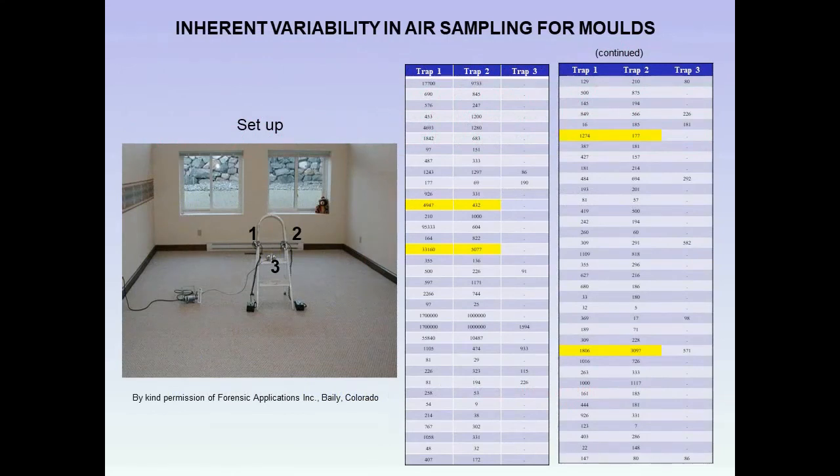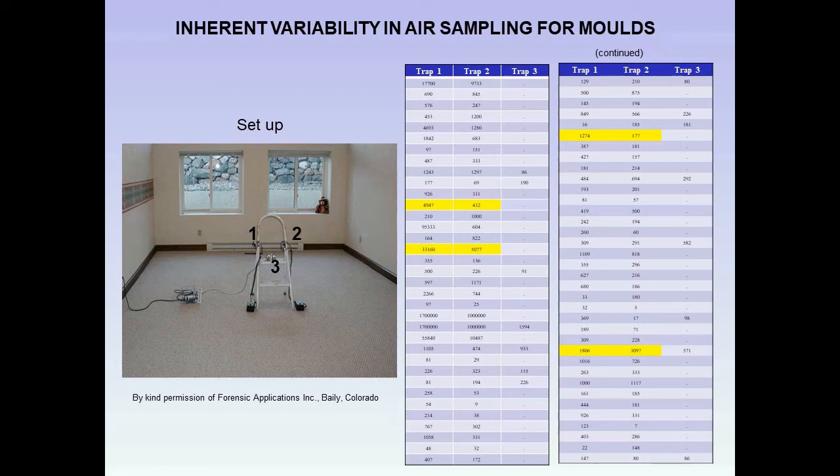Going back then to air sampling, here it shows the inherent variability in air sampling for moulds. You get massive variations in very short time periods, even using the same traps positioned in opposite directions. So these massive changes can take place over very short periods of time.